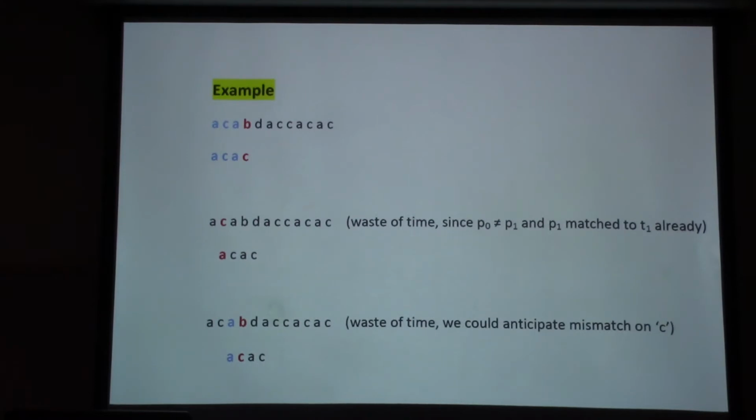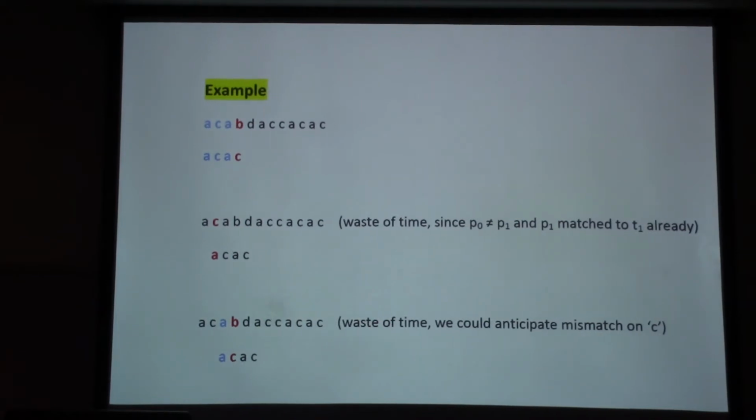Okay. So we could then slide the pattern not 1 but 2 characters, so we start with A and A. We would match here, but that's also a waste of time. Why is it a waste of time? Well, first of all, we know we're going to match A to A. How do we know that? Because the third character in the pattern is the same as the first character in the pattern.